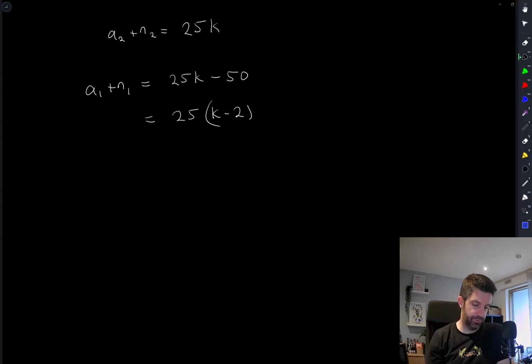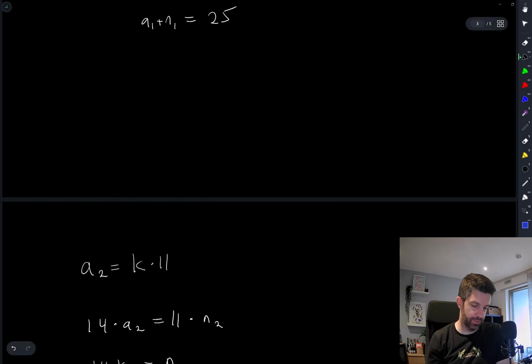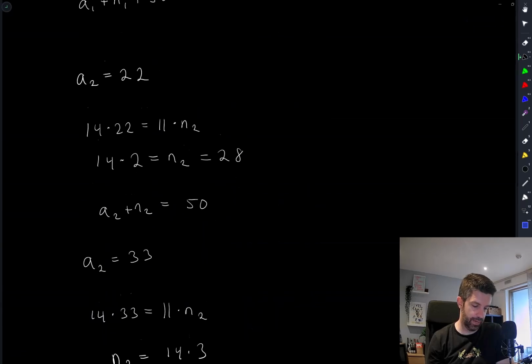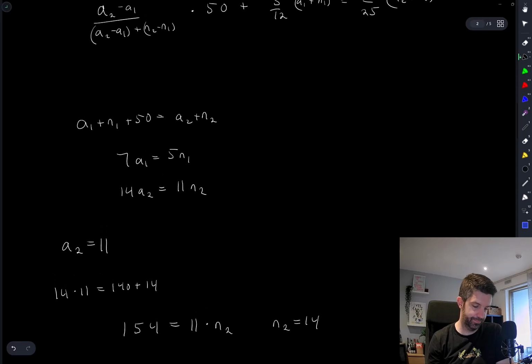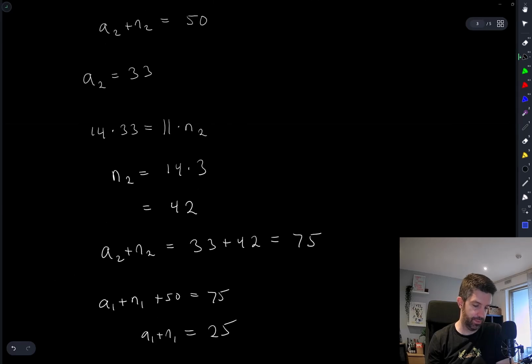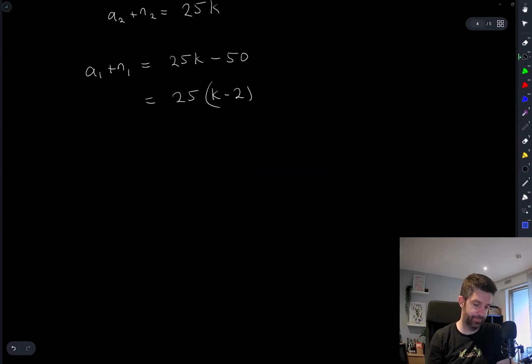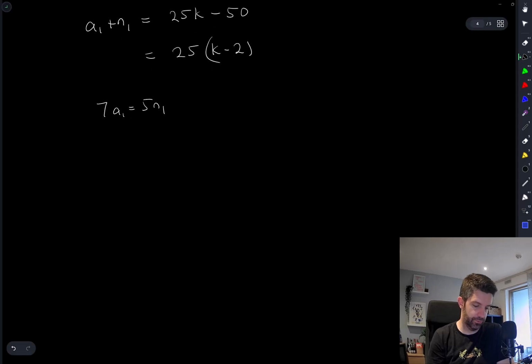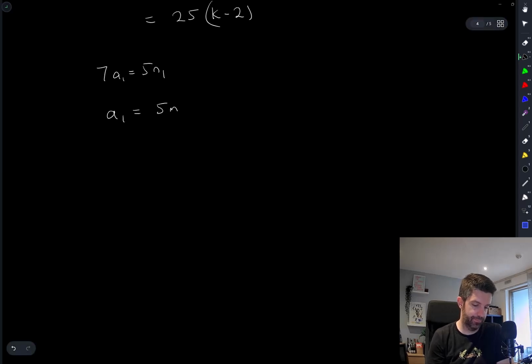And I also have, what was the original equation for A1 and N1? 7A1 is 5N1. So this says A1 has to equal 5 times some constant m.